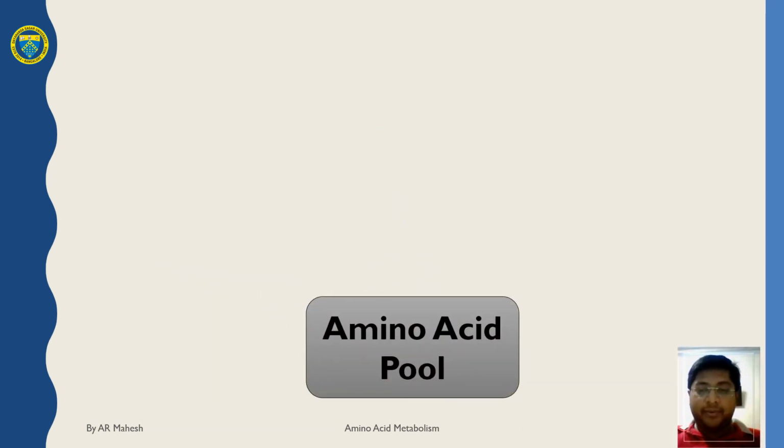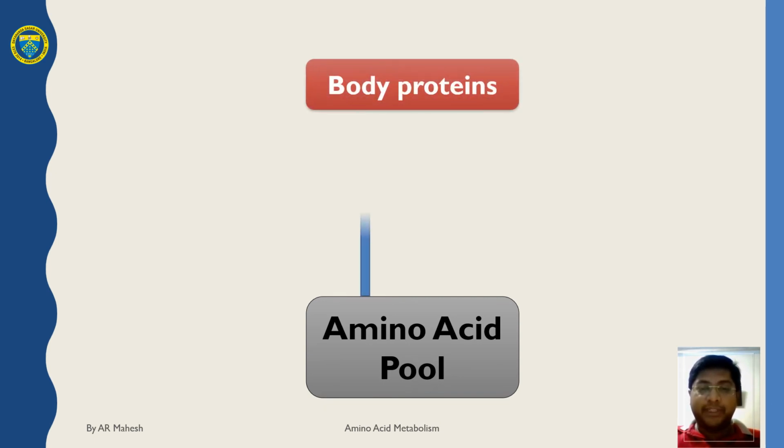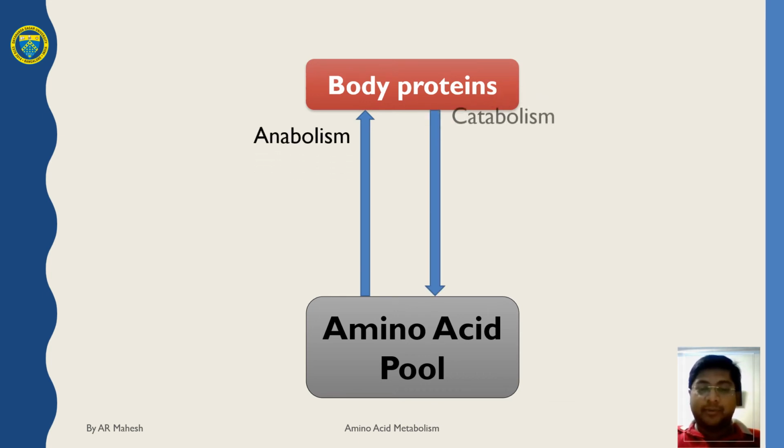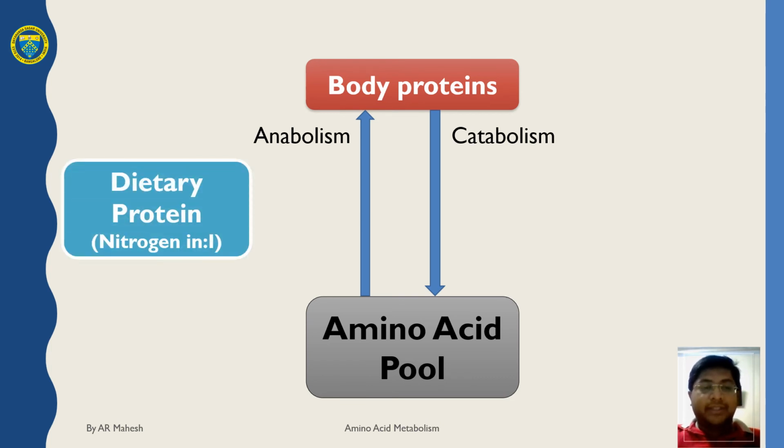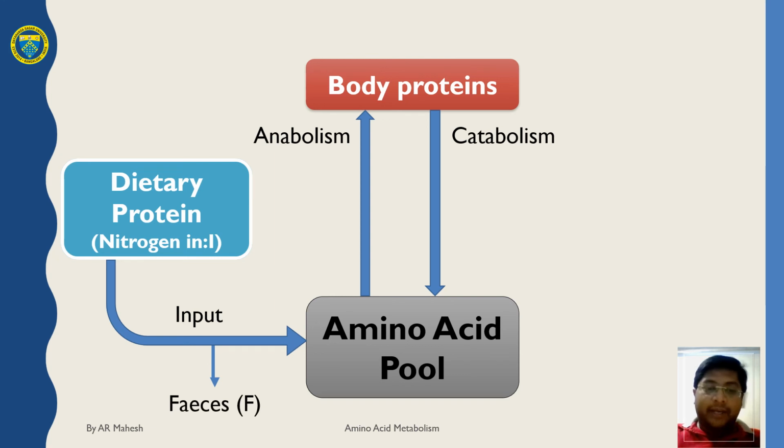Back to the amino acid pool. Here, amino acids contribute to the formation of body proteins through anabolism, and through catabolism these body proteins are broken down to amino acids again. Through dietary proteins, the nitrogen is coming into the body. This is the input of nitrogen into the body in the form of amino acids or proteins, and unutilized or undigested proteins are excreted through feces.